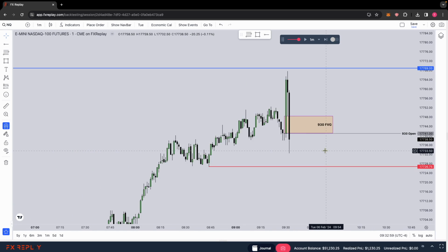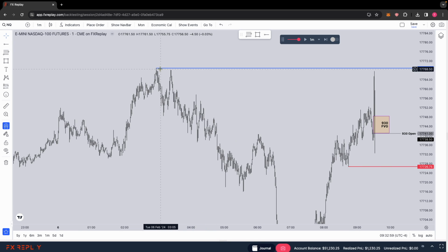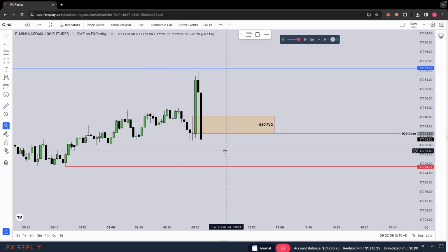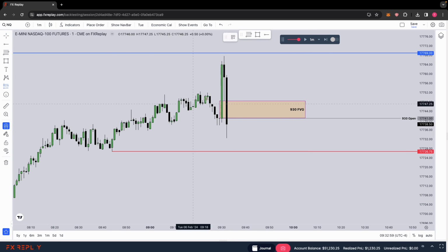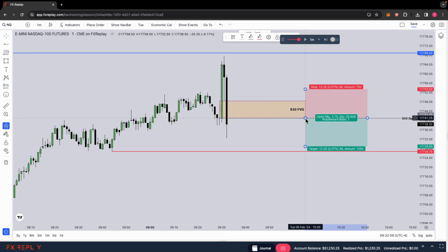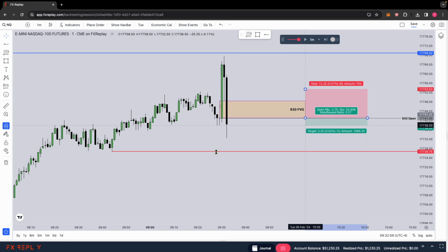Okay. So it looks like we obviously fell short of these relative equal highs from the London session. But what is this? We just closed right below the 930 fair value gap. So I'm going to continue with this logic here.